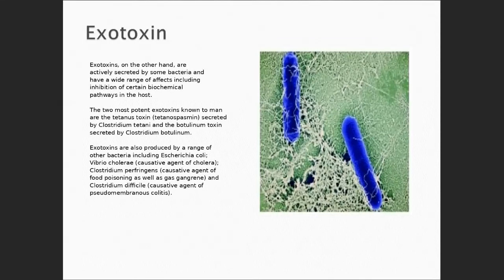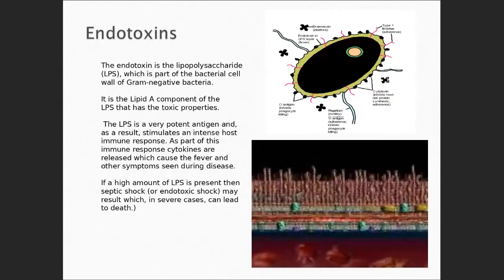The other one is an endotoxin. An endotoxin, if you recall, is part of the gram-negative cell wall. By definition, if an organism is gram-negative, it is the lipid A portion of the LPS layer that is the toxin. Now, all of the endotoxins have the same mode of action.